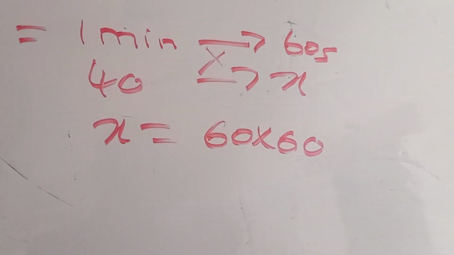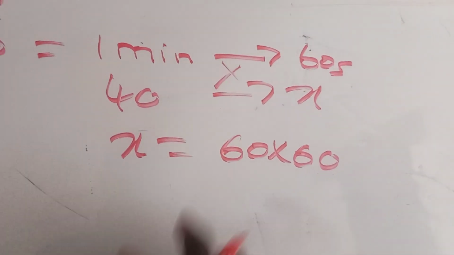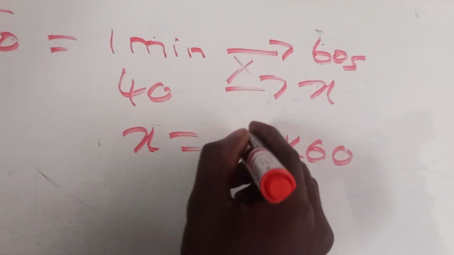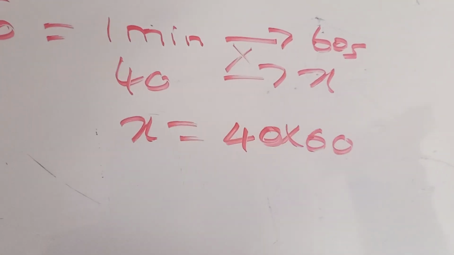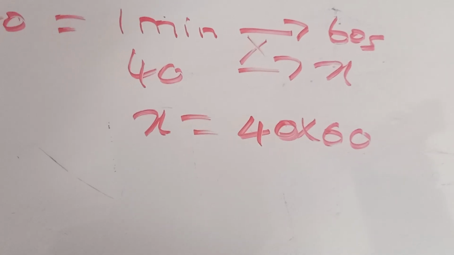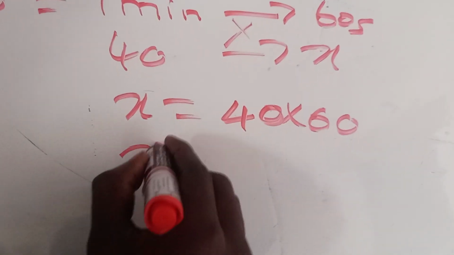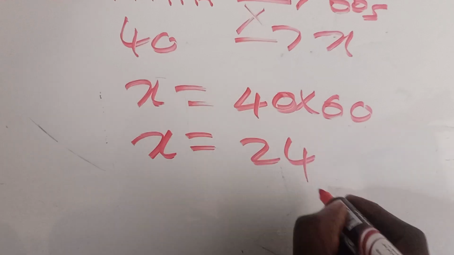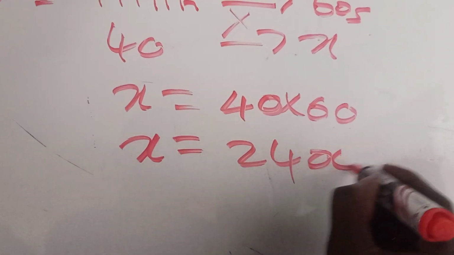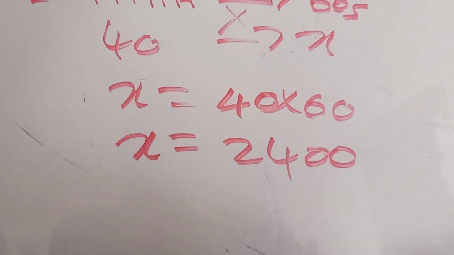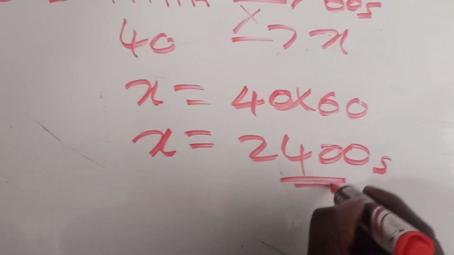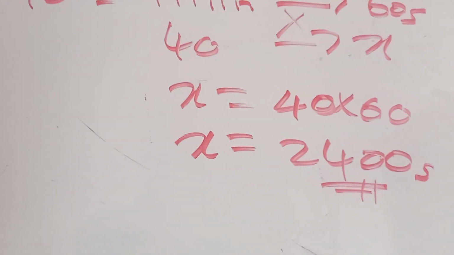Get your calculator and punch in 40 times 60. What I'm going to have is x as 2,400 seconds. So that is your time.